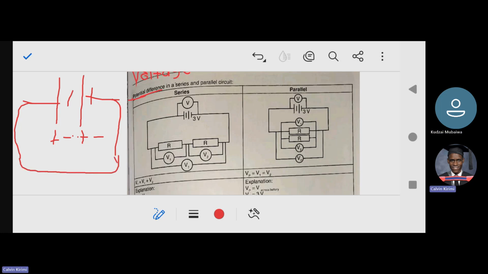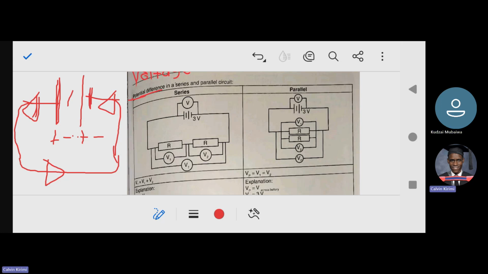So your arrows go in this direction until they come back to the negative. This is the positive side, the long one. This is the negative side, which is short.